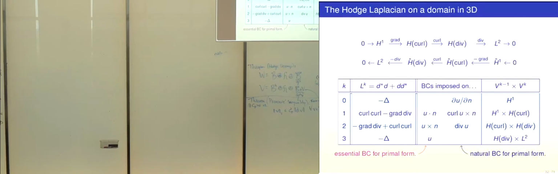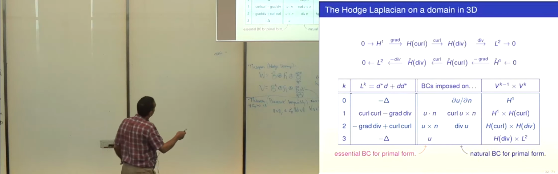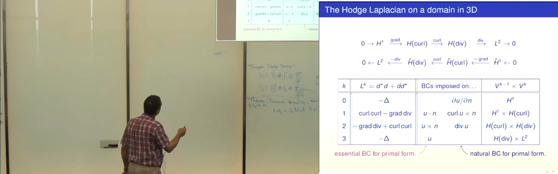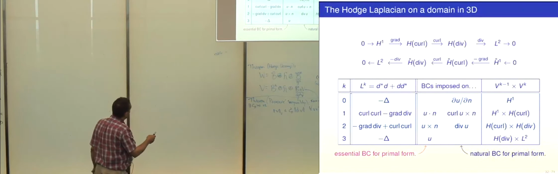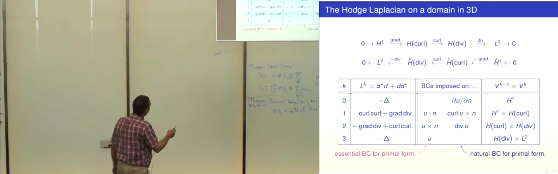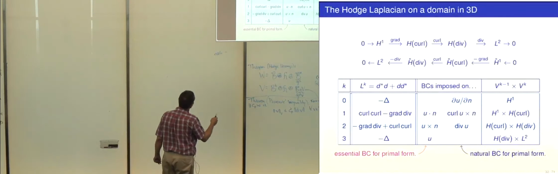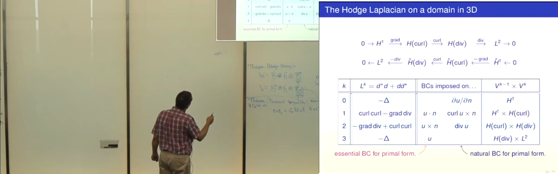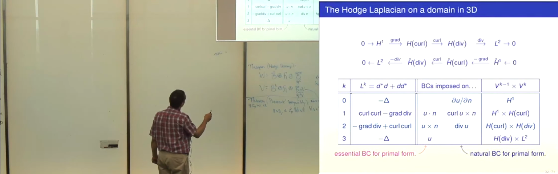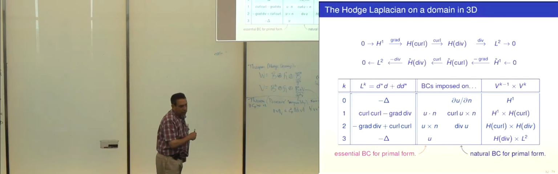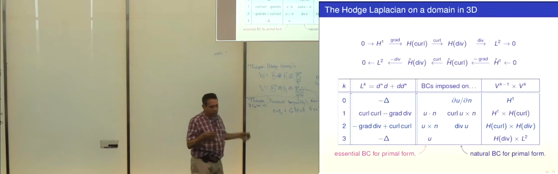On the top of this slide, we already had this. Those are the domain complexes. The W's are all L2. And now here's the abstract Hodge Laplacian, that's d star d plus dd star. So for the zero forms, there is no dd star. That's 0, so it's just minus div grad, so it's minus Laplacian. So the abstract Hodge Laplacian for zero forms is minus Laplacian.